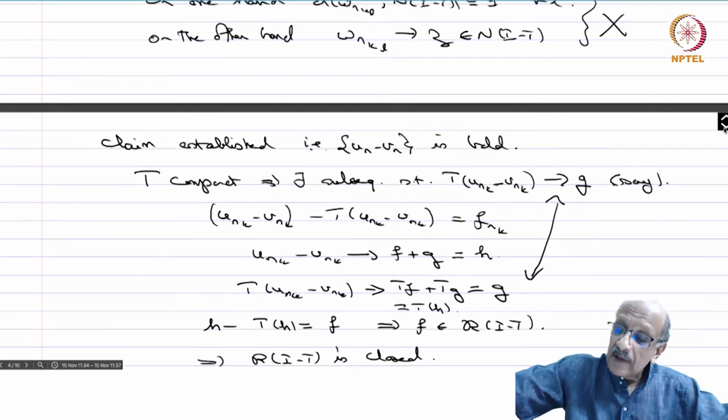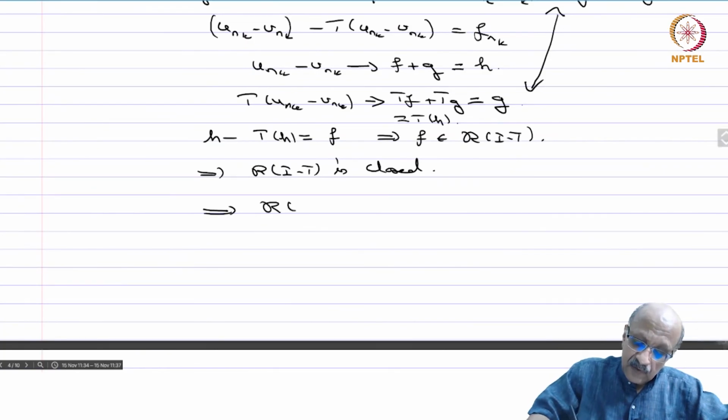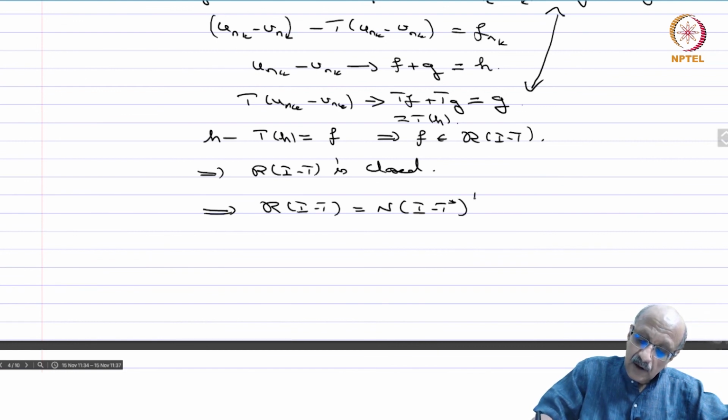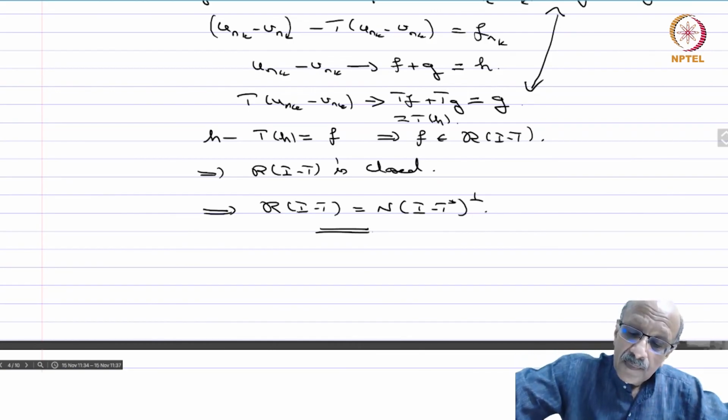And once you have that, that automatically implies that range of I minus T is nothing but the null space of I minus T star. Okay, so next we will take up the other part presently.